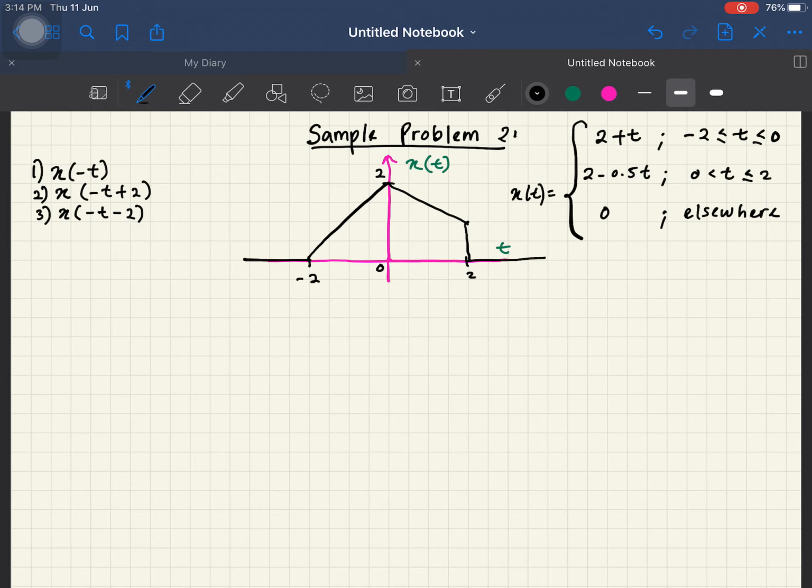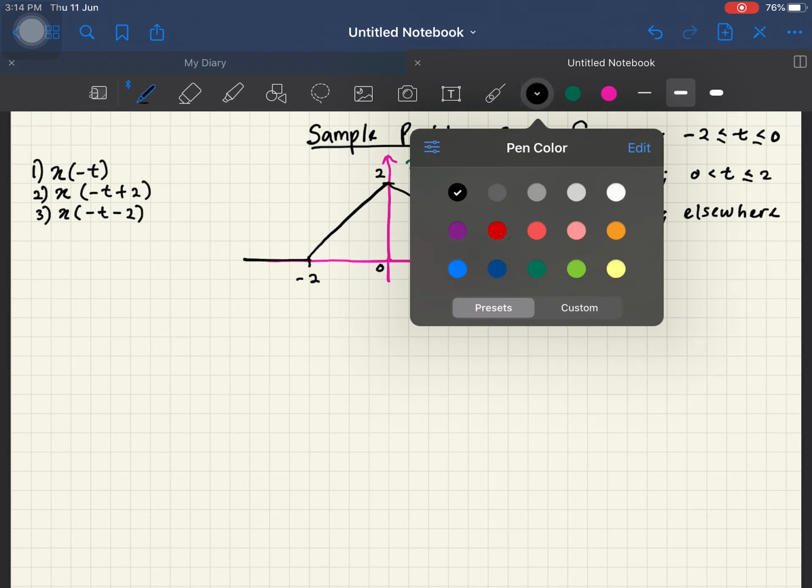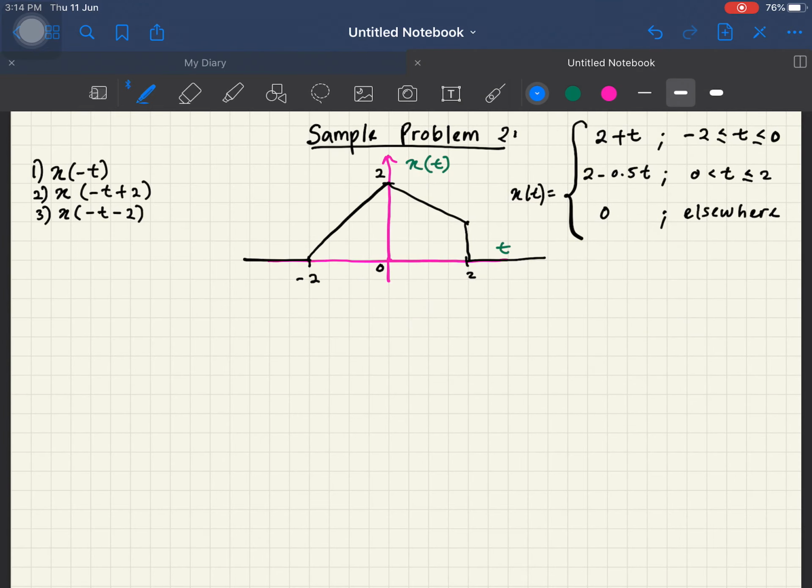Let's have a look at the problems one by one. Question number 1 is a single transformation, which is time inversion.